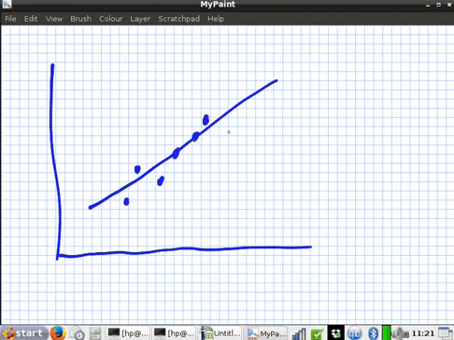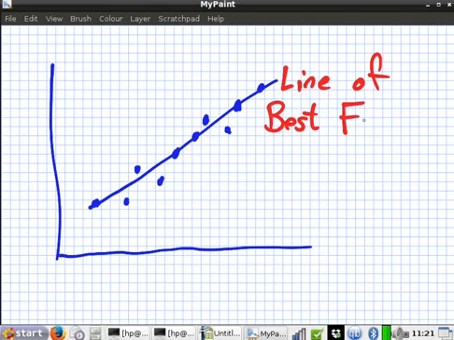Some of them are off, some of them are on. This line in the program is called the trend line, but really its correct name is called the line of best fit. And it's the line that fits the points as much as possible.